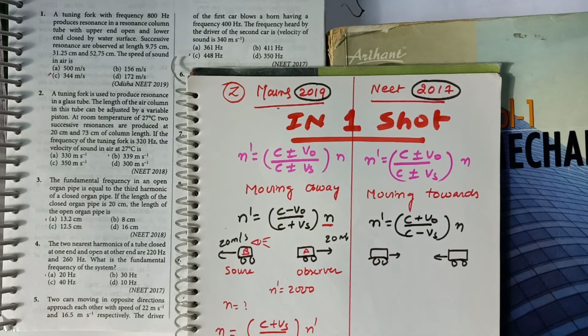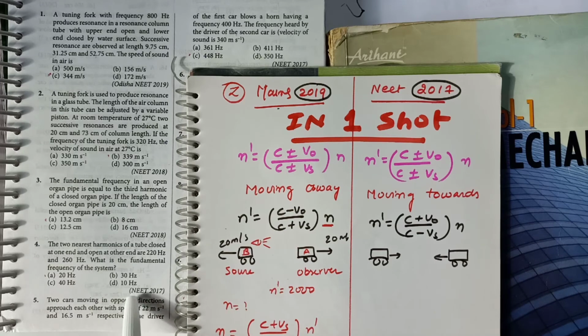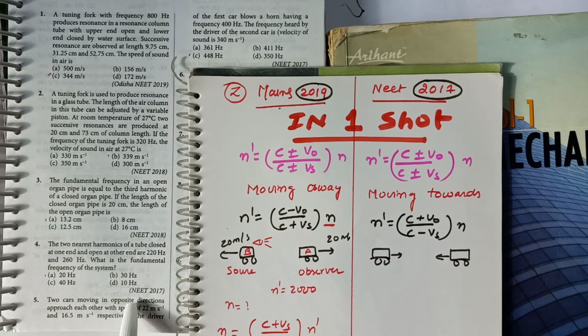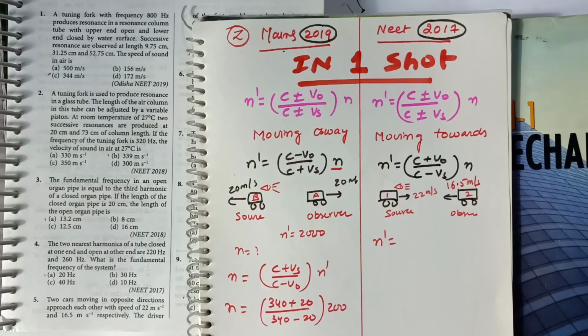You just see this problem number 5 here, which was asked in NEET 2017. Two cars moving in the opposite direction approach each other with the speeds of 22 meters per second and 16.5 meters per second. Okay, then let us see what is going to happen. What is the data given here? Now see here, what is the data given according to this problem?